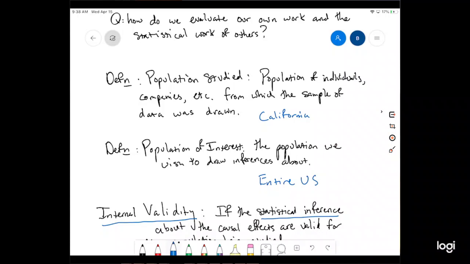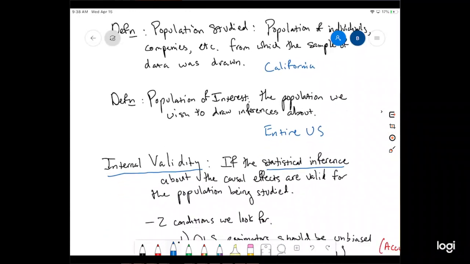Does it make sense that when we estimate a model on California data, we can expect the same effect size in Massachusetts or in Mexico or in Germany? We have to ask ourselves that question. So that's external validity.